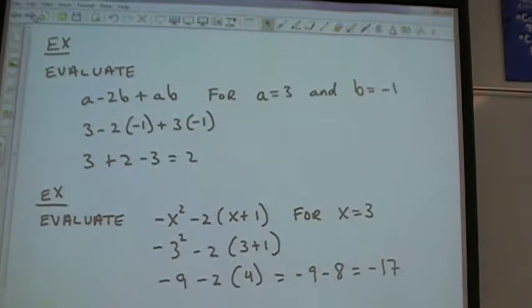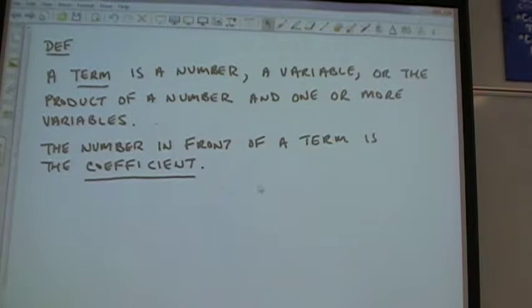Couple more definitions. Write these down. A term is a number, a variable, or the product of a number and one or more variables.